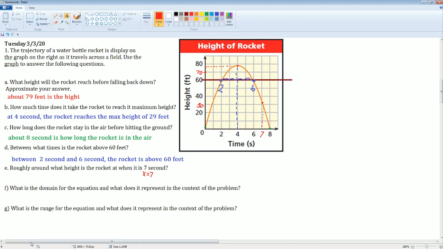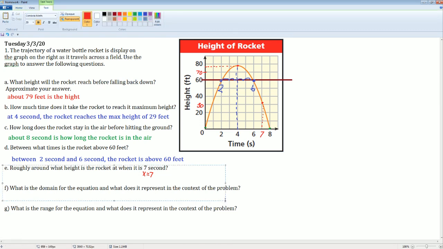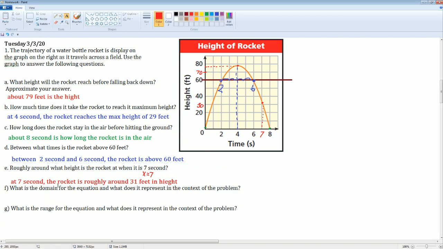So at 7 seconds, the rocket is roughly around 31 feet in height. The reason why I use the word roughly is because it's an approximation. It's not 31 exactly, but we know it's around 31.